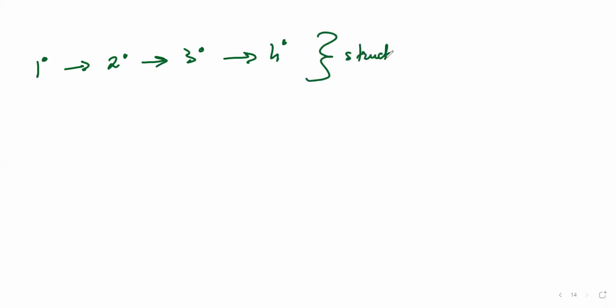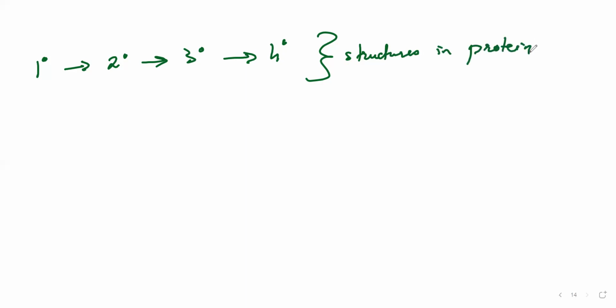Usually when I say structure of protein, it will have 4 levels: the first one is the primary, then secondary, tertiary, and quaternary structure. These are the 4 structures in a protein.